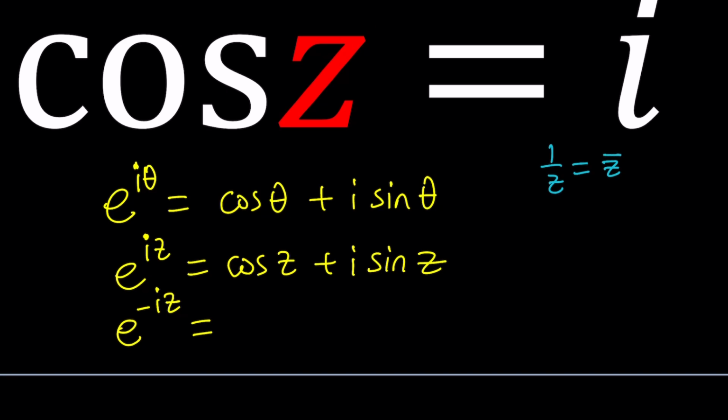The answer is when the absolute value is 1, because this product gives you the absolute value squared, which cannot be negative. Anyway, when we replace z with negative z, we get cosine of z minus i sine of z, because cosine is even and sine is odd.